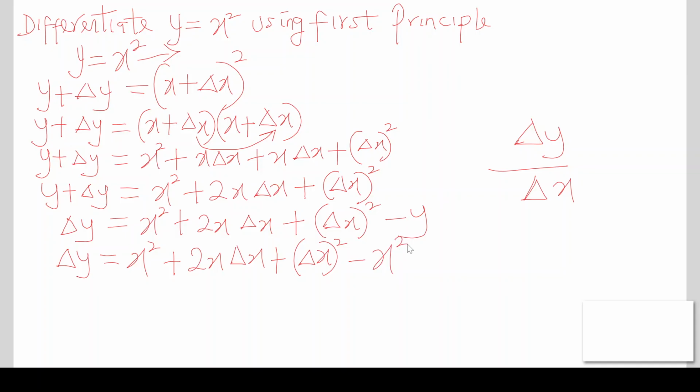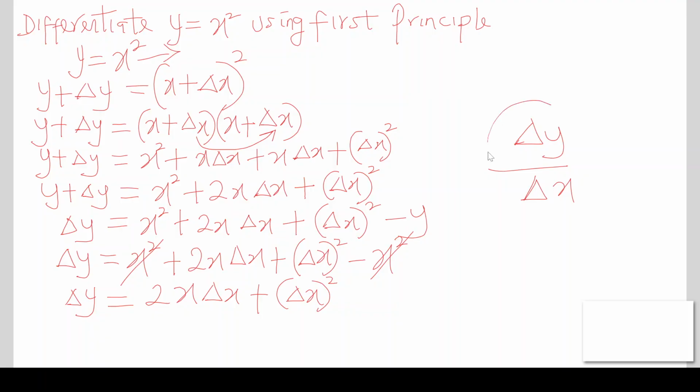And of course, x squared minus x squared gives 0. So we are left with delta y equals 2x delta x plus delta x all squared, as in this case.